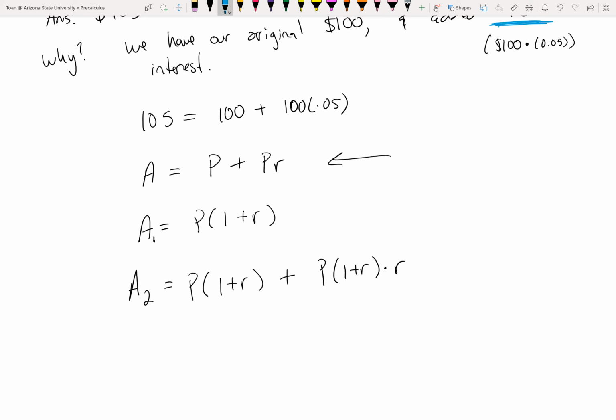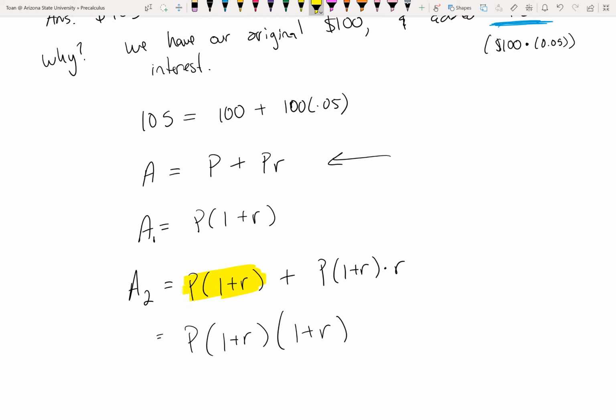Just like before, we notice that these guys both have P times 1 plus r, so we can factor it out. I hope you guys noticed that in year 2, they both have a factor of P times 1 plus r. We can factor those out to give us P times 1 plus r times 1 plus r.